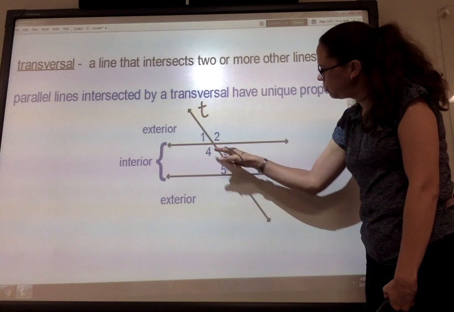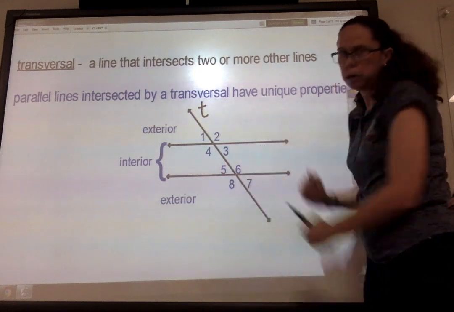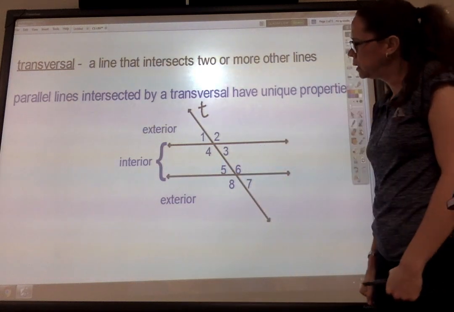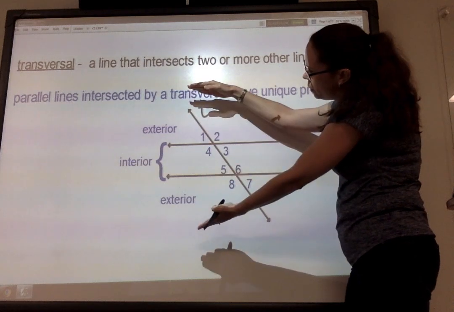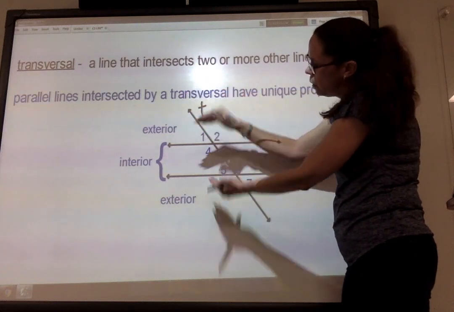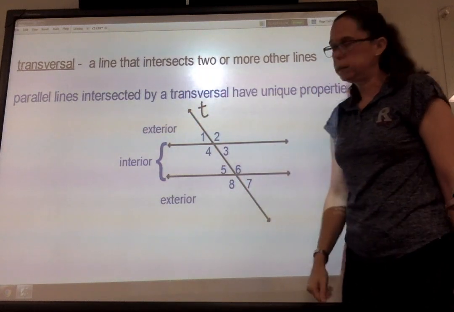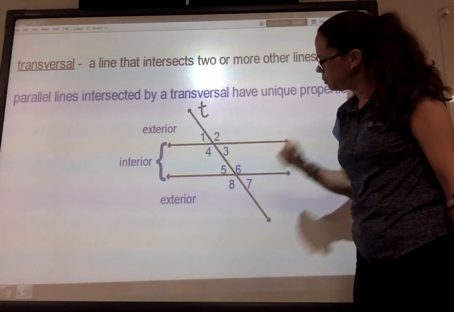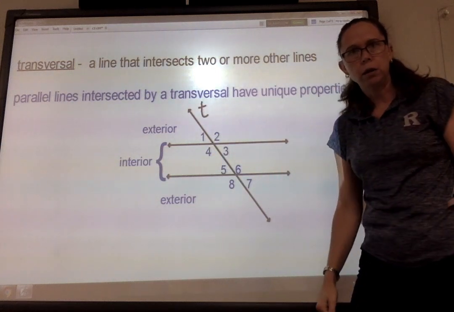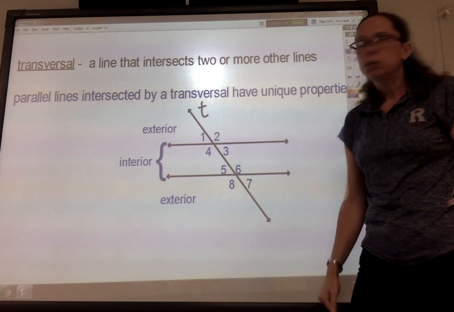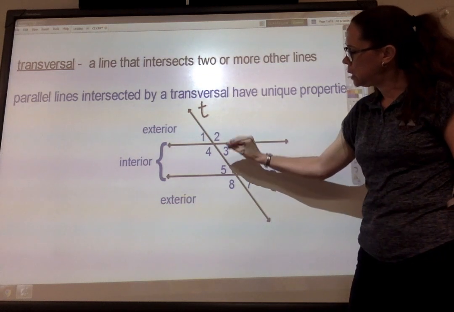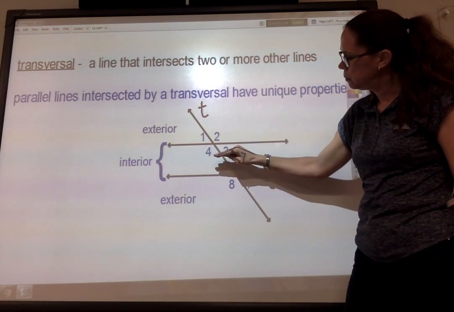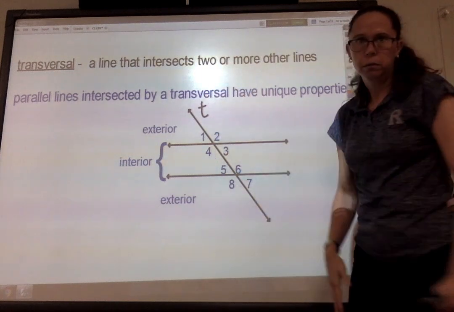In this case, 3, 4, 5, and 6 are interior angles. Exterior angles are outside of the parallel lines. So 1 and 2 are exterior, 7 and 8 are exterior. So you need to know these terms: interior angles, exterior angles.